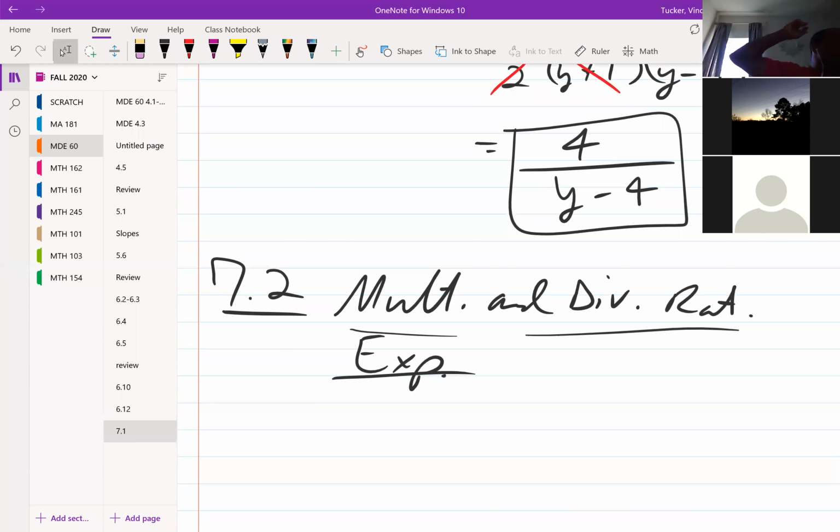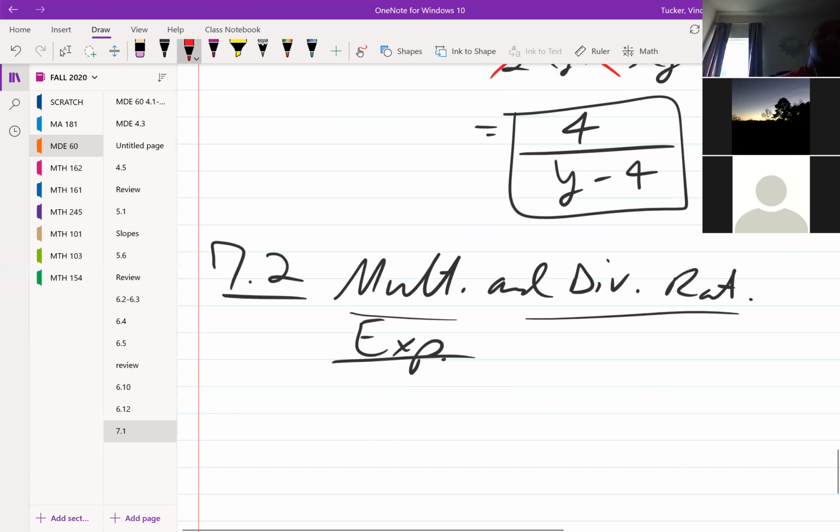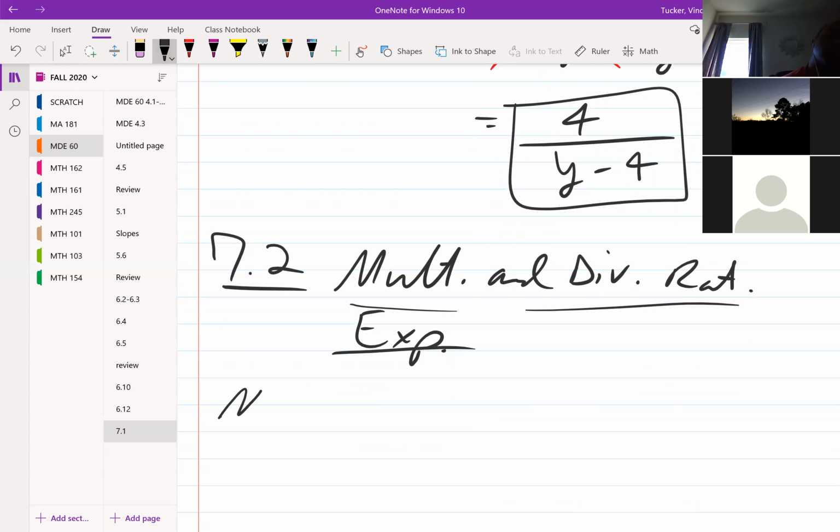So we're going to multiply and divide rational expressions. So when it comes to multiplication, don't forget the process. And the process holds true for multiplying rational expressions.